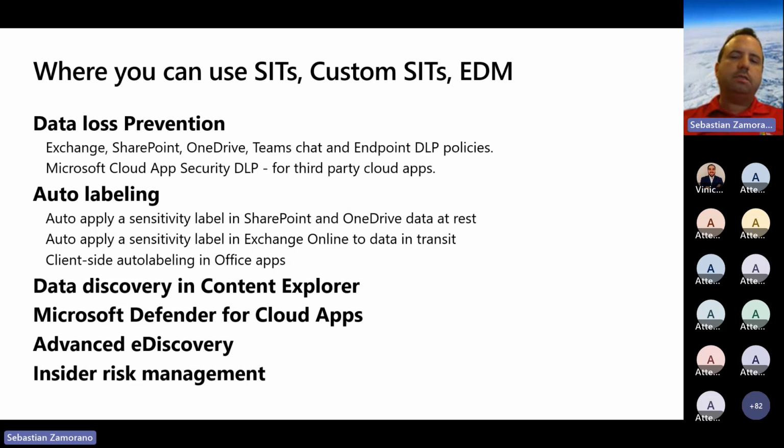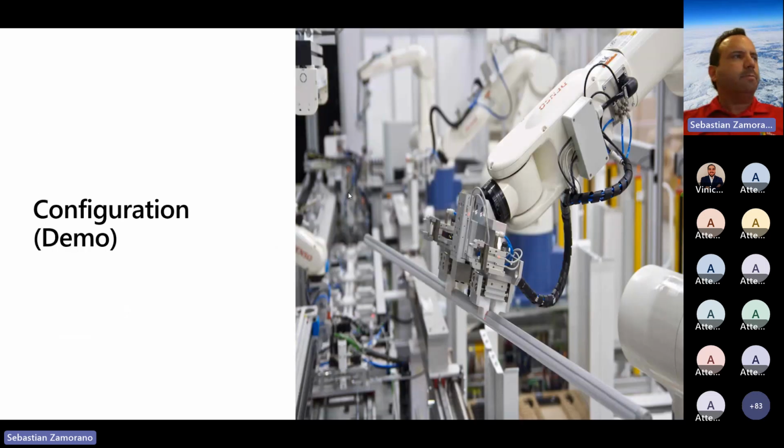That means we create the sensitive info type, but then we need to start monitoring what is happening in our environment, and based on that, start adding exclusions and several other things to have in the end a sensitive info type that we can trust. That is the most important point here.